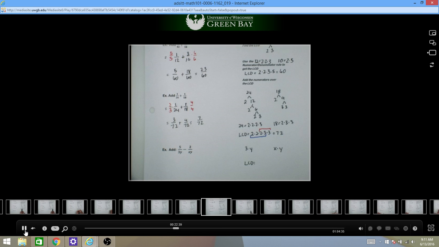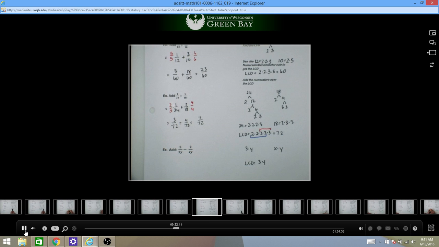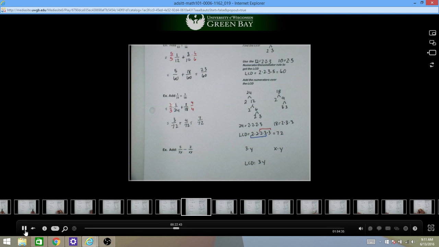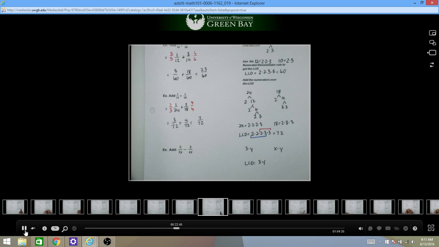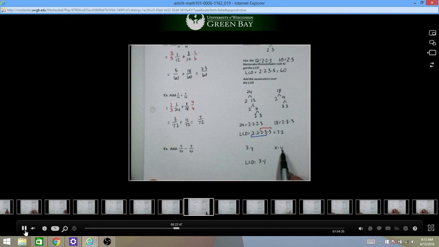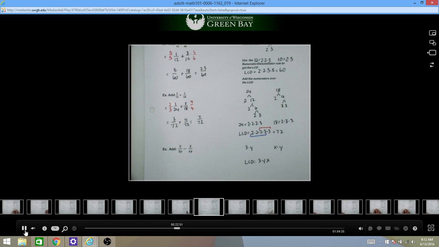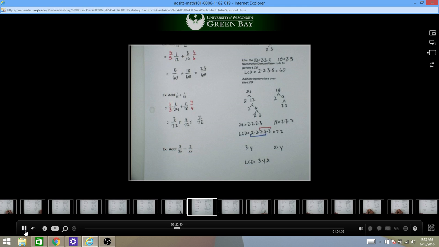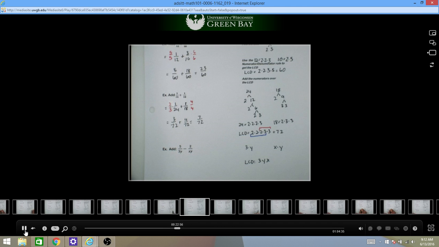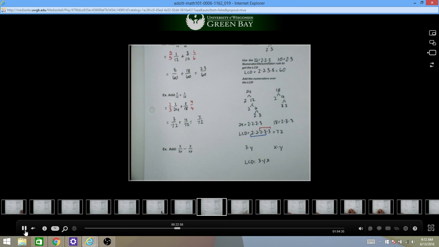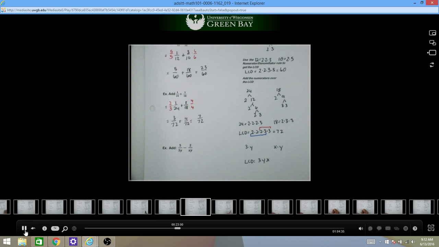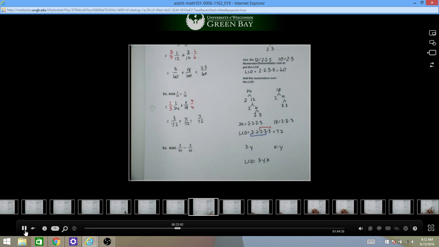So I'll just write the 3 times y. And then I look at the other denominator and say, okay, I already wrote the y down, but I didn't write the x. So I'll say times x. So 3xy is the least common denominator that contains the 3y, and it contains the xy. Okay?